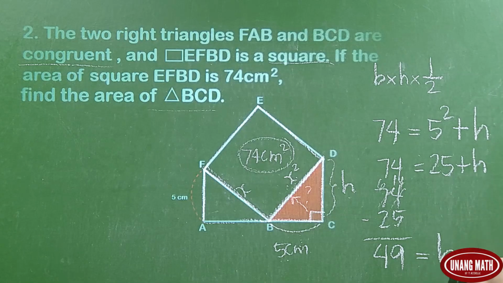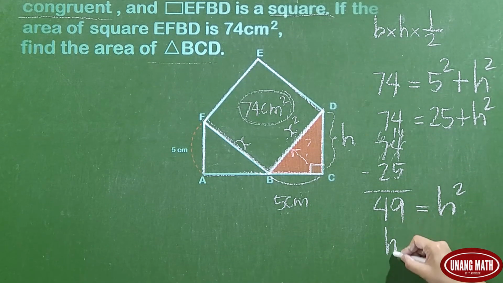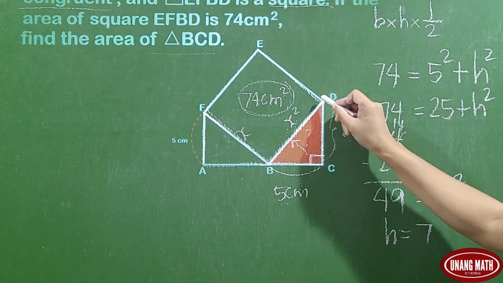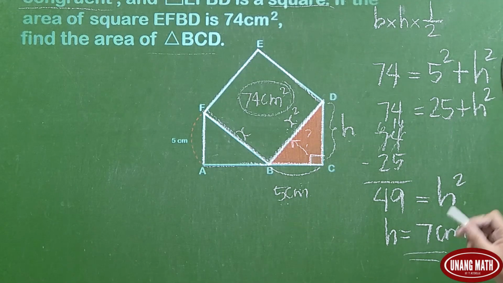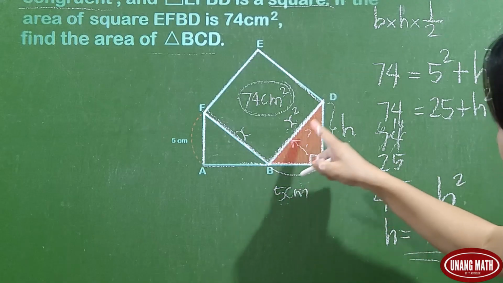So this is h squared. The square root of 49 is 7. So the height of this right triangle is 7 centimeters. From here, we can now find the area of this right triangle.